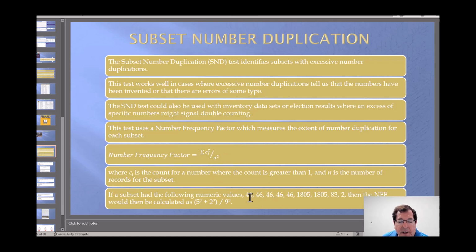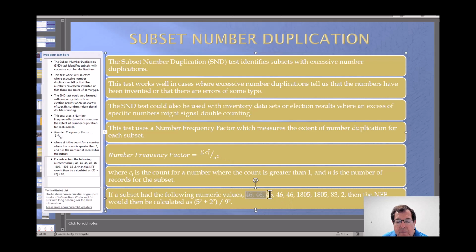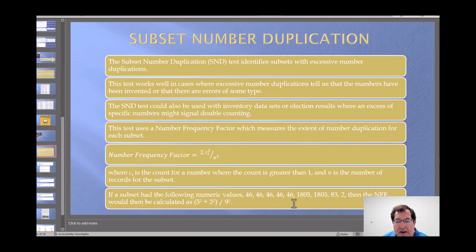So let's have a look here. This is a subset with those entries. We have 46 appearing 5 times, so we go 5 squared. We have 1805 appearing twice, plus 2 squared, and we have 9 numbers, 9 squared.